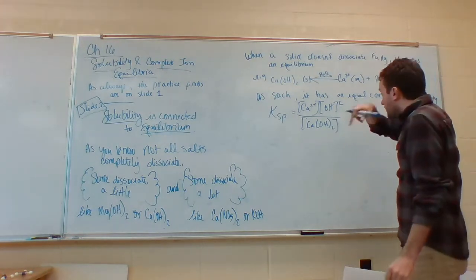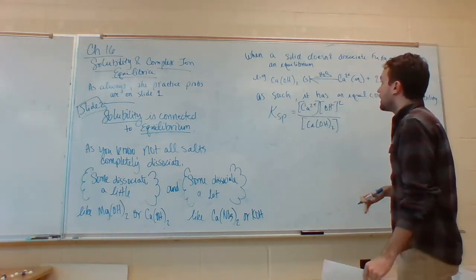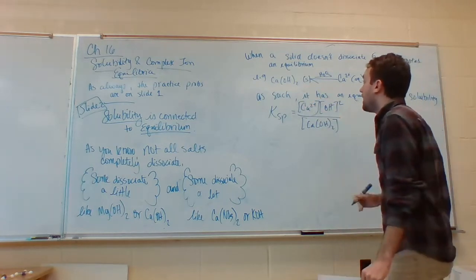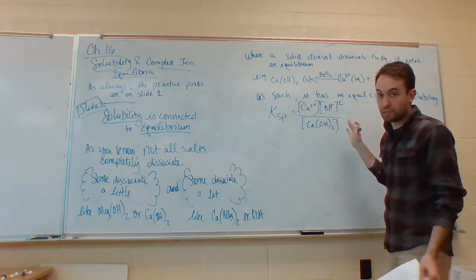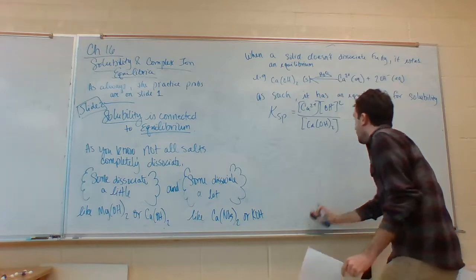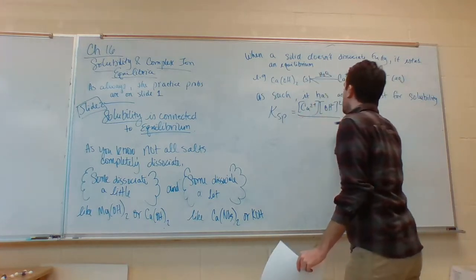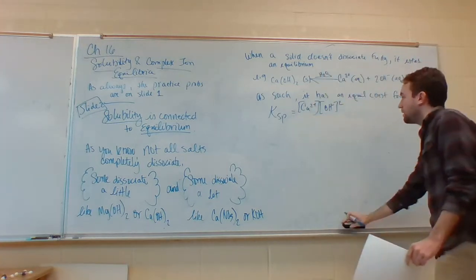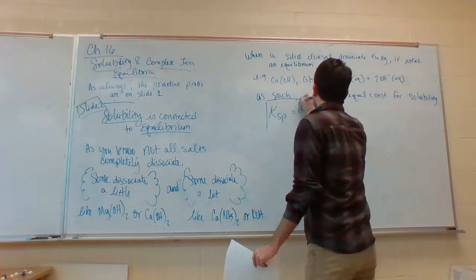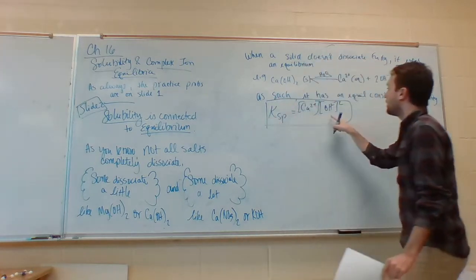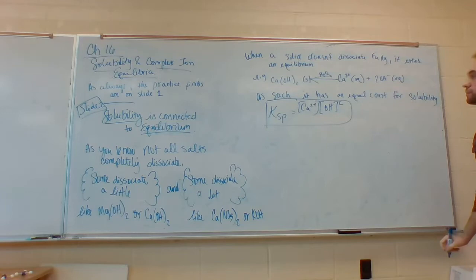Now, if you remember, an equilibrium constant is not going to have solids unless everything in the reaction is a solid. So we will leave out our solid, and our Ksp for this will simply be our 2 aqueous species.